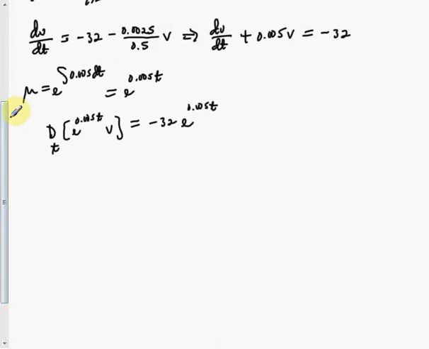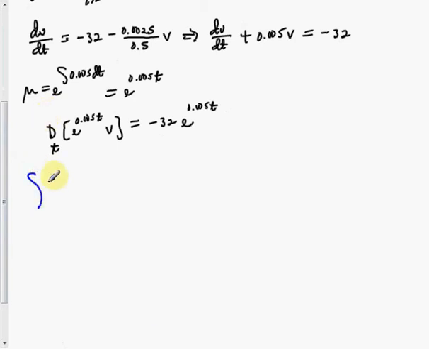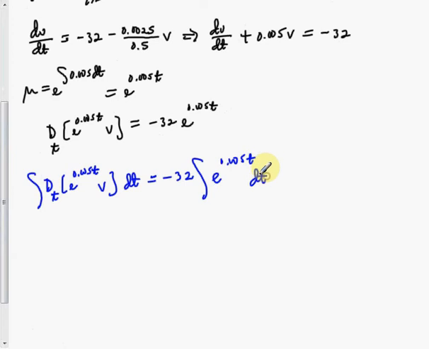So we integrate both sides there. So we have the integral of the derivative of the product of e to the 0.005 t dt is equal to negative 32 times the integral of e to the 0.005 t dt.